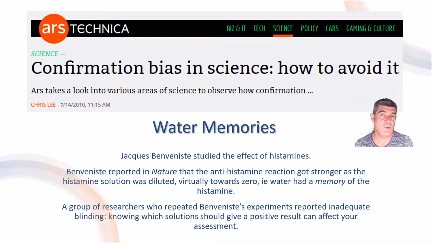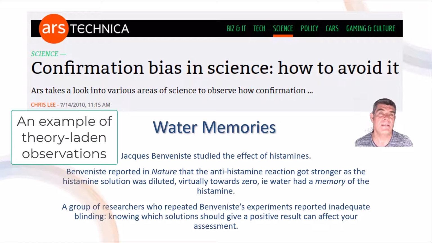By knowing which ones were and by being able to have some sort of understanding that these ones were more likely to give a positive result, the researchers had actually influenced the findings, and when those blinds were put in so there was no way of telling which ones were which, the results were much less conclusive. So therefore there can be some effect of seeing what it is that I want to see in science.